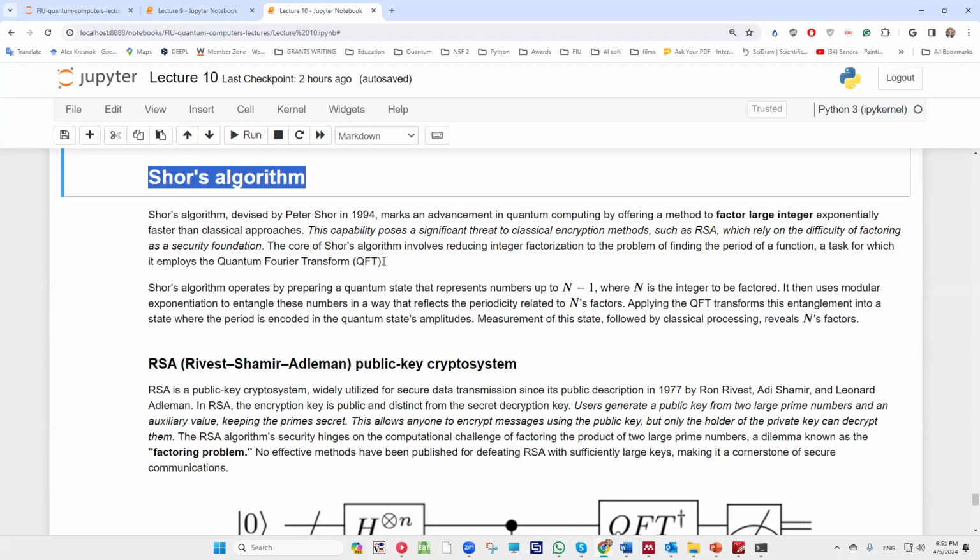It's very easy to multiply numbers. Any computer can multiply two prime numbers and get the result. But the inverse problem is extremely difficult. Let's say I want to multiply two prime numbers, maybe with just 20 digits each.